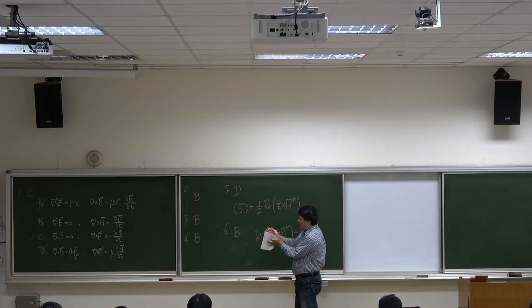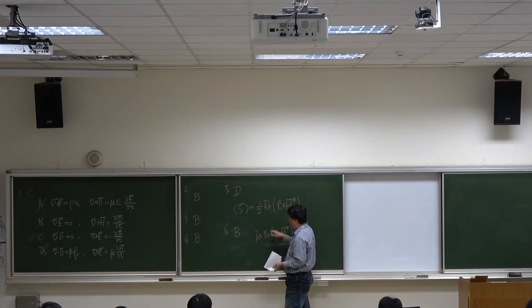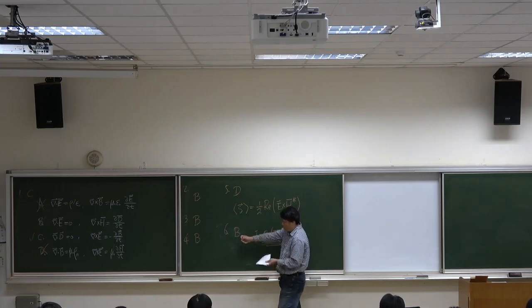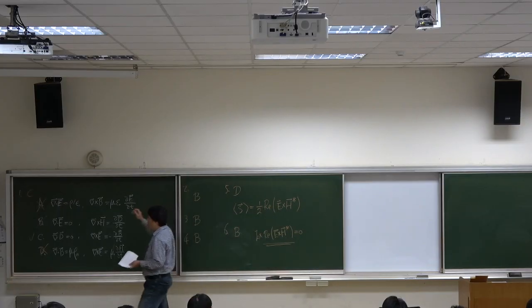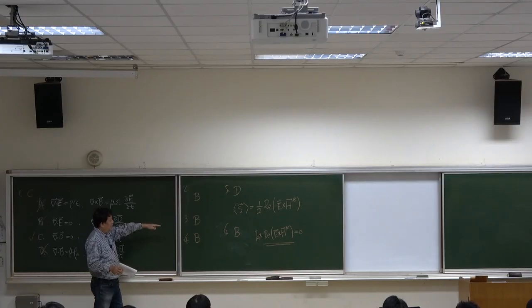And the phase velocity and the energy velocity in general are different. So K cross S in general is not equal to 0. So this is incorrect. So we choose B. So the answers of these questions are C, B, B, D, B.